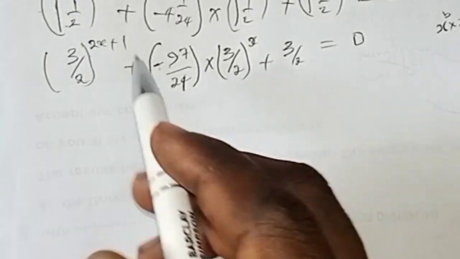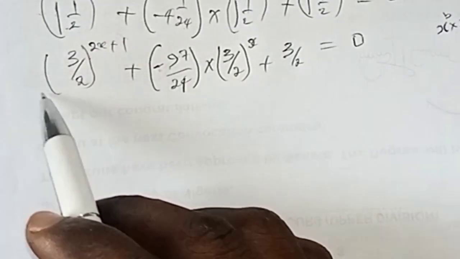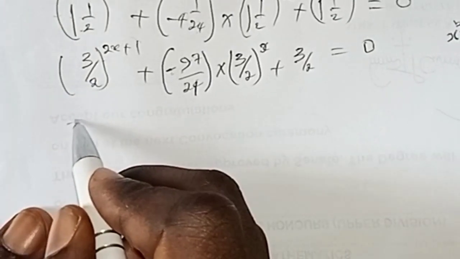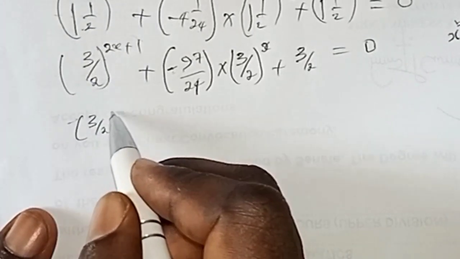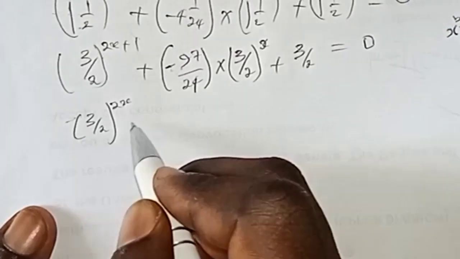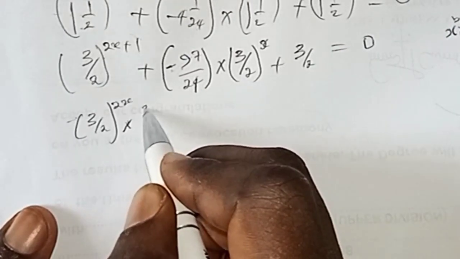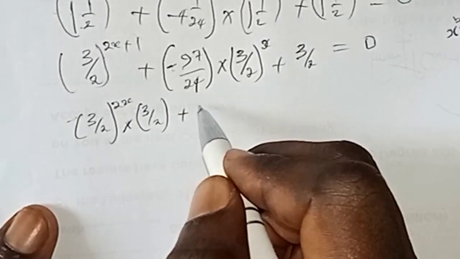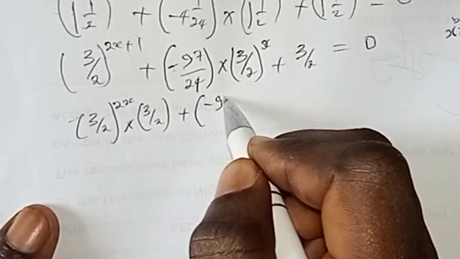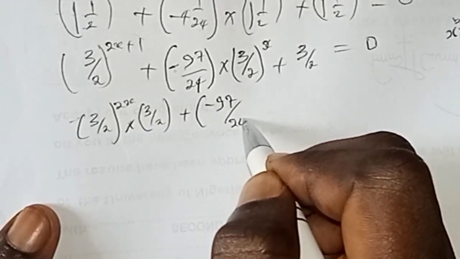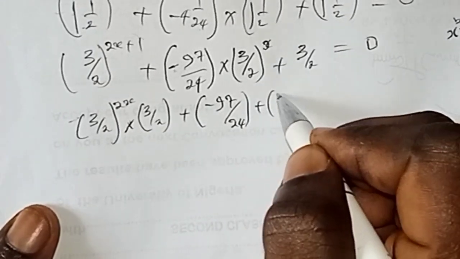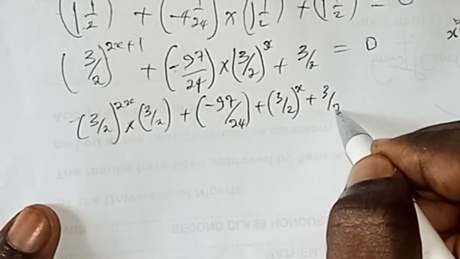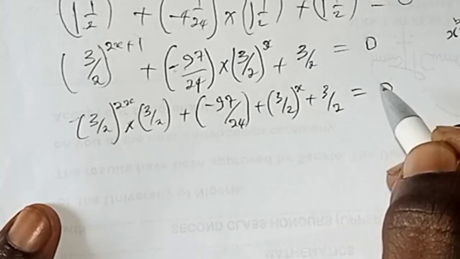I'm going to split this, and if I do that, I'm going to have (3/2)^(2x) times 3/2, plus minus 97/24 times (3/2)^x, plus 3/2 is equal to 0.